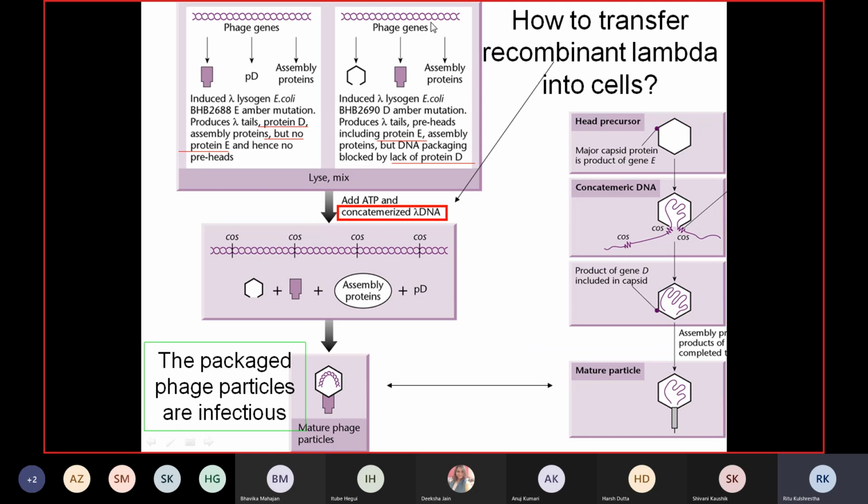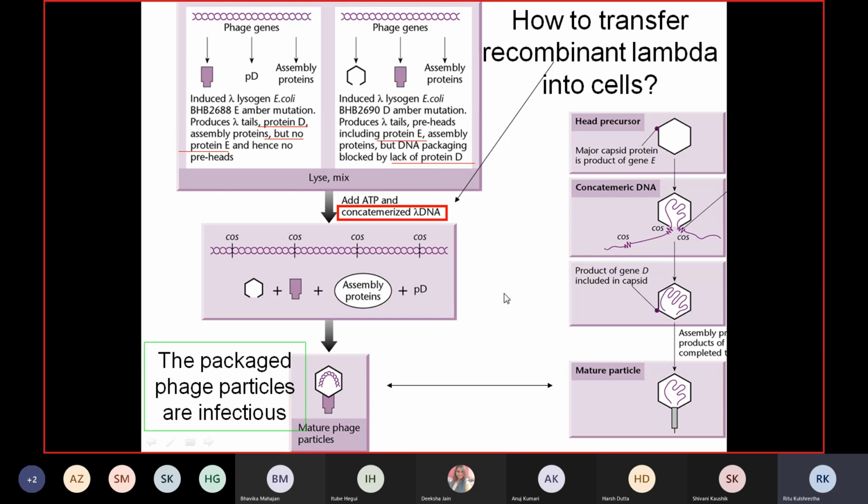For one of the methods, please look at this particular panel. One way to have this pre-assembled is to overexpress the proteins which make the phage head and the tail in the lab, purify those proteins and put them together, and then there is a possibility that we do have pre-assembled pre-heads as well as pre-assembled tails being made.